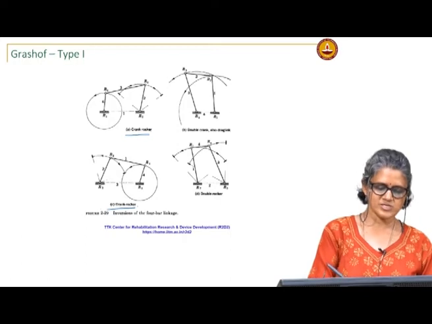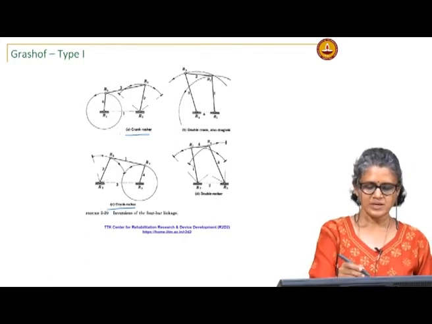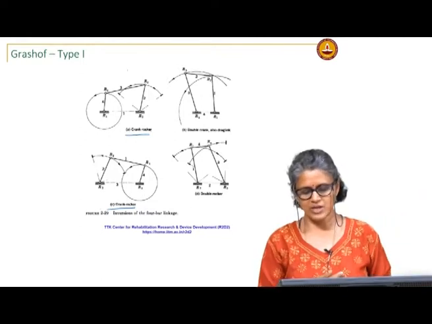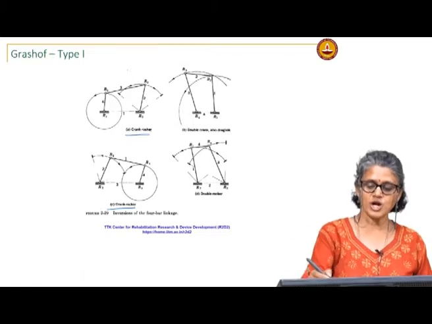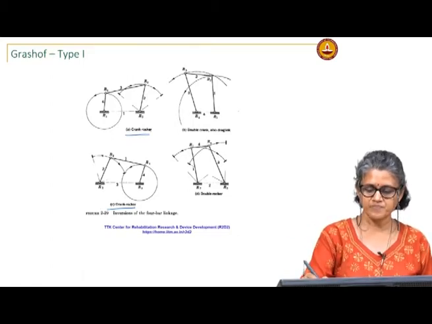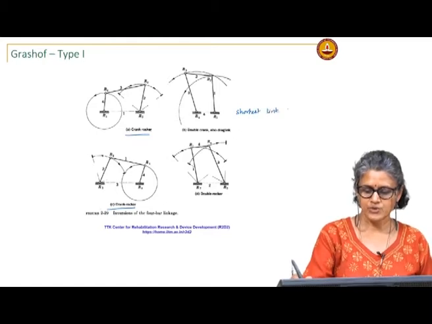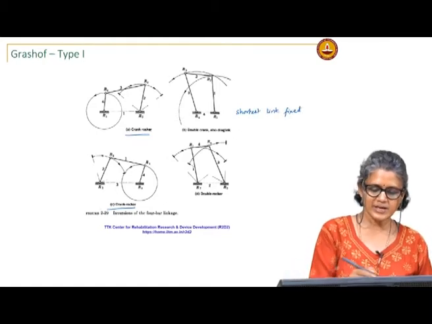So, if 4 is the shortest link in this one, and 1 or 3 is fixed, here 1 is fixed, you get a crank rocker. If the shortest link itself is fixed, you get the double crank, also called the drag link mechanism.